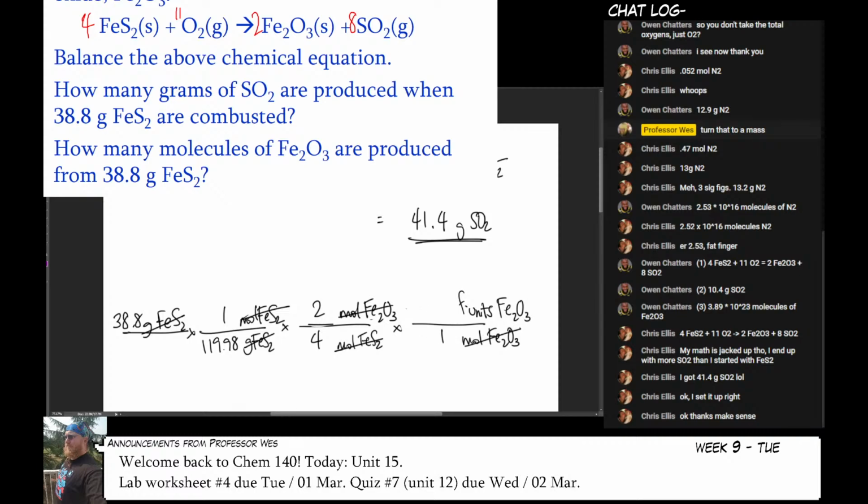And how many formula units are in a mole? Well, it's Avogadro's number again. If you're counting something, it's always Avogadro. And so I got, for this one, 9.74 times 10 to the 22 funits.